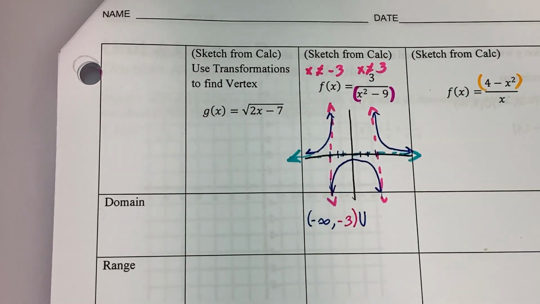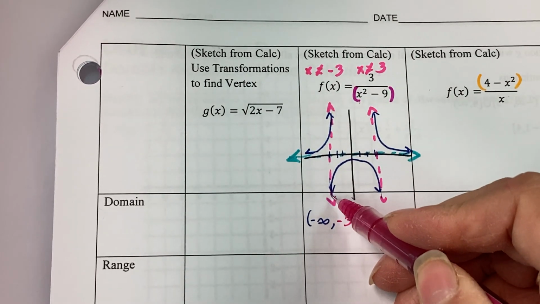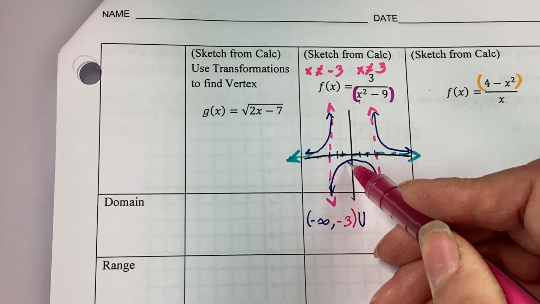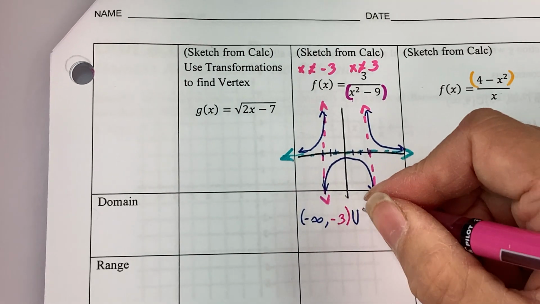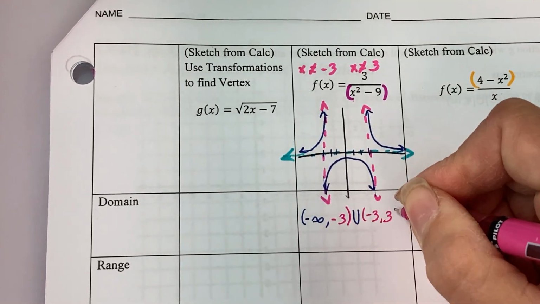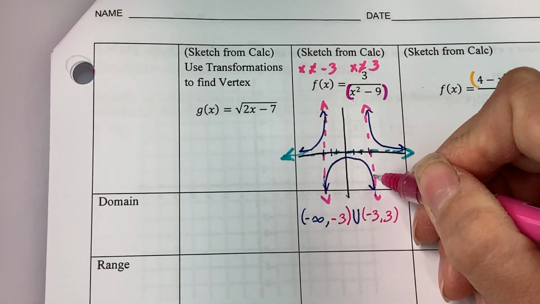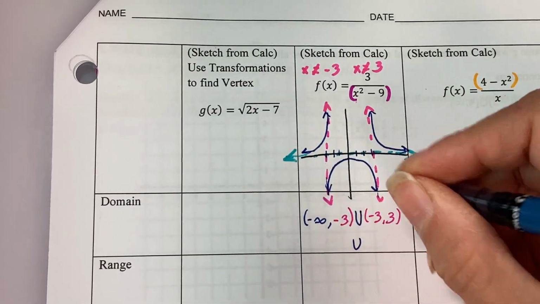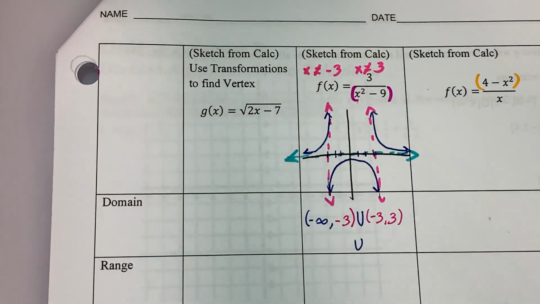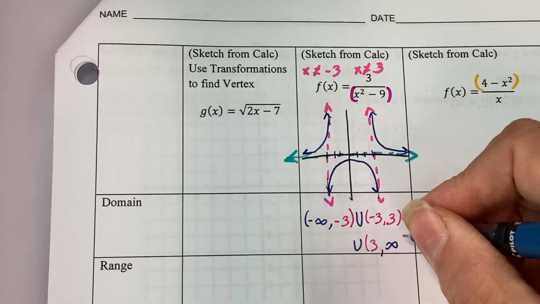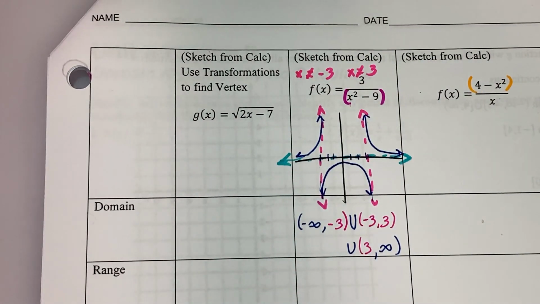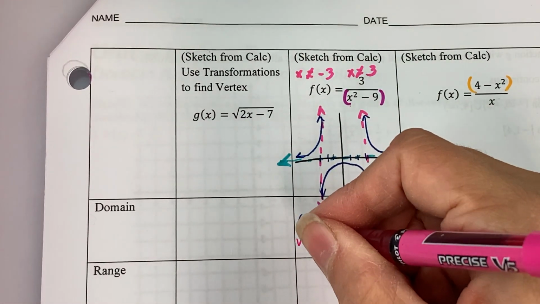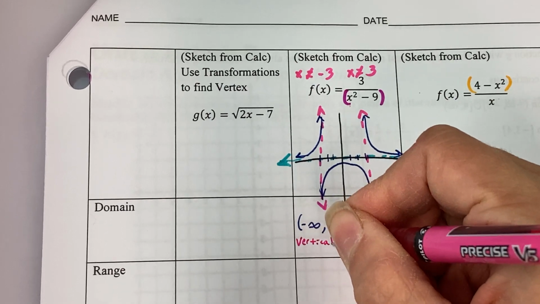Union notation, my next interval starts at the asymptote again from -3 to +3. Parentheses around both of those because, again, I'm not getting an x value there. Union notation one more time, and then my next interval starts at 3 and goes to infinity. So what is breaking up my domain is the vertical asymptotes.